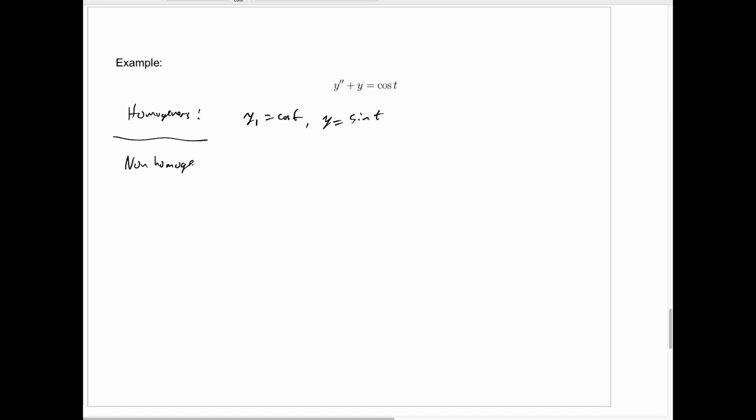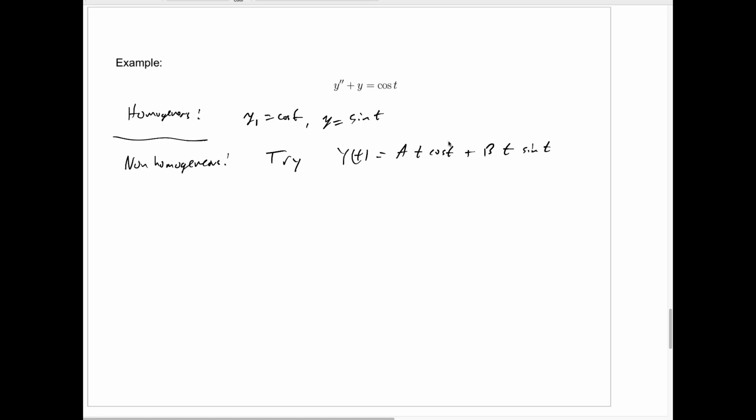So what are we going to do? Again, we'll bump things up by a factor of t. We'll try y of t, and remember, the general thing we would try would be a cosine t plus b sine t. So I'll have to try a t cosine t plus b t sine t. And you'll see why we really do need both of those terms.